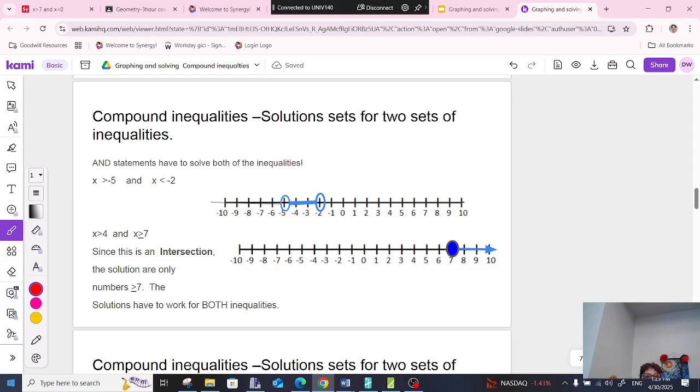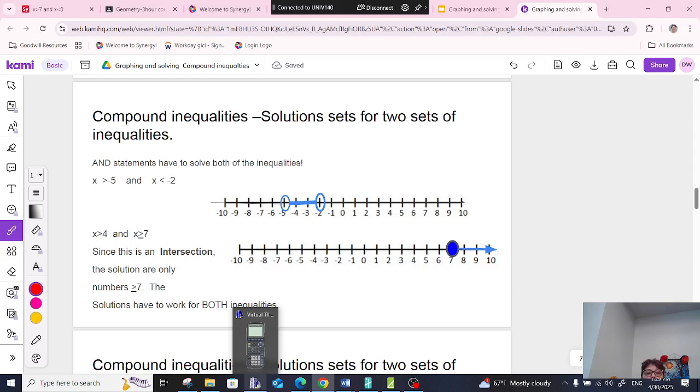And statements are intersections. So if I say here, I'm greater than -5 and less than -2, it's just going to be in between there, because it has to be true for both.